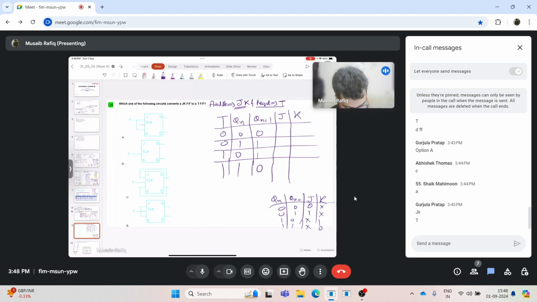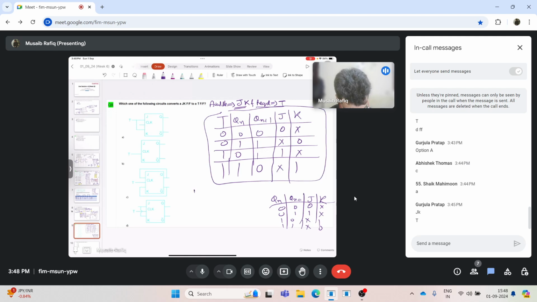Now Qn equal to 0, Qn plus 1 equal to 0, so it will be 0x. It's 1 1, so it will be x0. It's 0 1, so it will be 1x, and for 1 0 it will be x1, right? So this is my complete table.